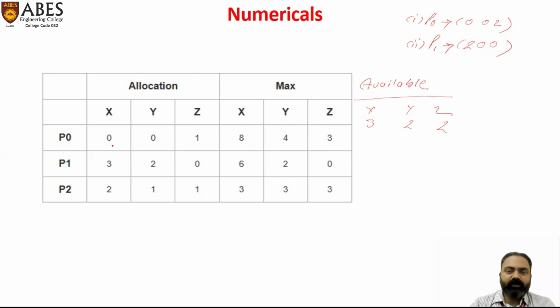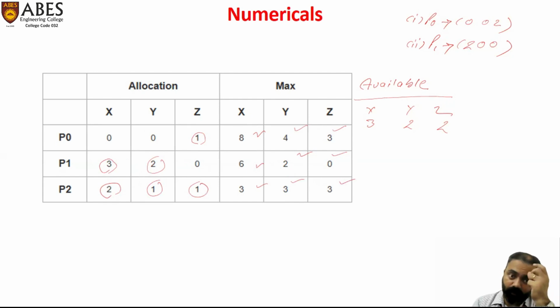The current allocation is this: X, Y, Z. The system allocated one Z type of resource to P0, and 3 X type and 2 Y type resources to P1, and 2 X type, 1 Y type, and 1 Z type resource to P2. Here we can see these are the maximum demands for each process for their execution.